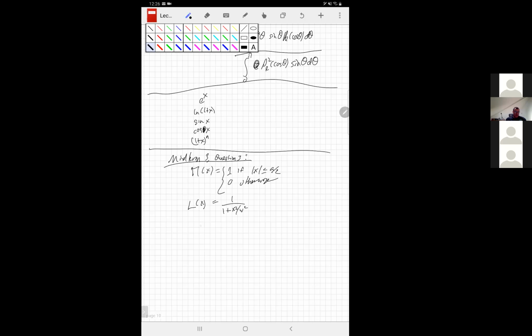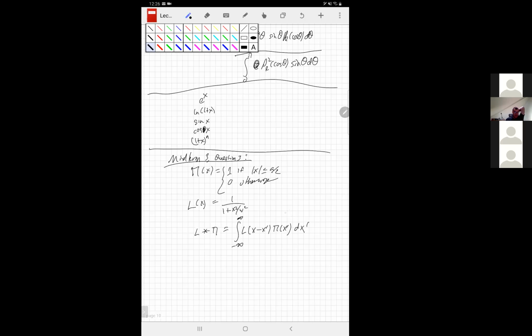All right, well, the convolution, so we've got L star pi. That's going to be the integral of L of x minus x prime times pi of x prime dx prime.